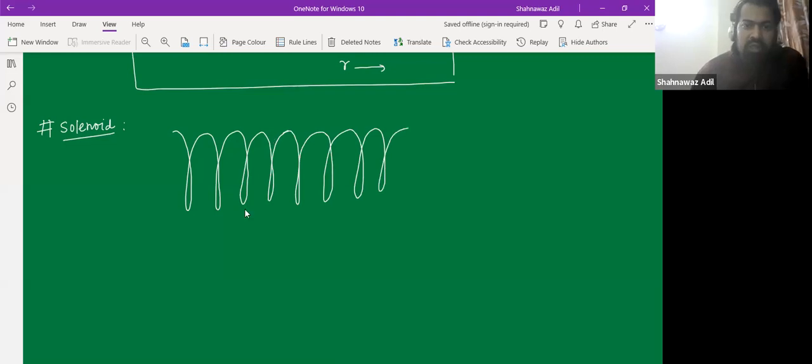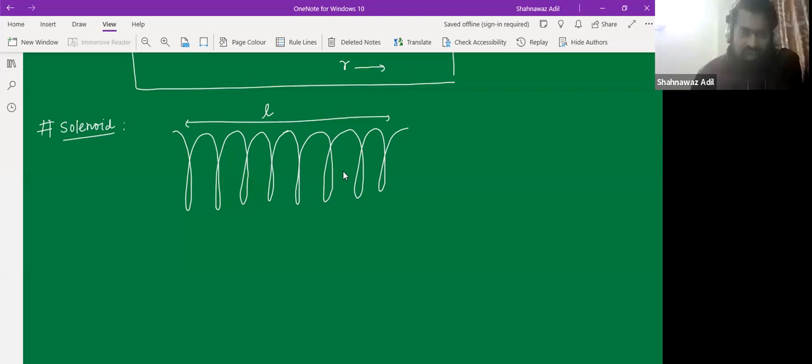This is the circular turns, and let's say this length is L, and there are n number of turns, the total number of turns. So what would be the magnetic field due to this?